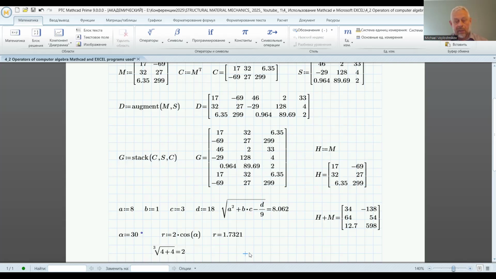So this is just a demonstration of how to use the Mathcad computer algebra system. This is Mathcad of the Parametric Technology Corporation, version 9.0.0.0 academic. Perhaps someone can use a later or previous version of Mathcad.